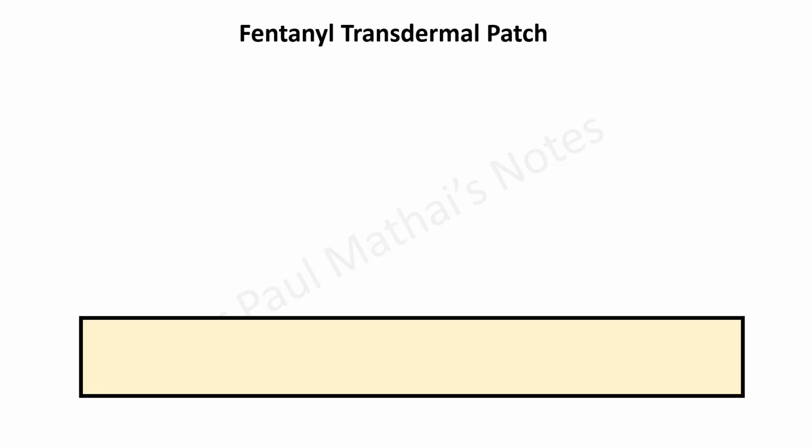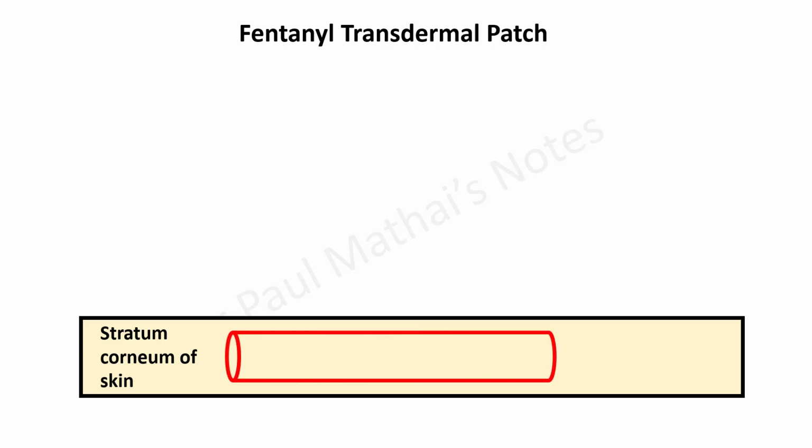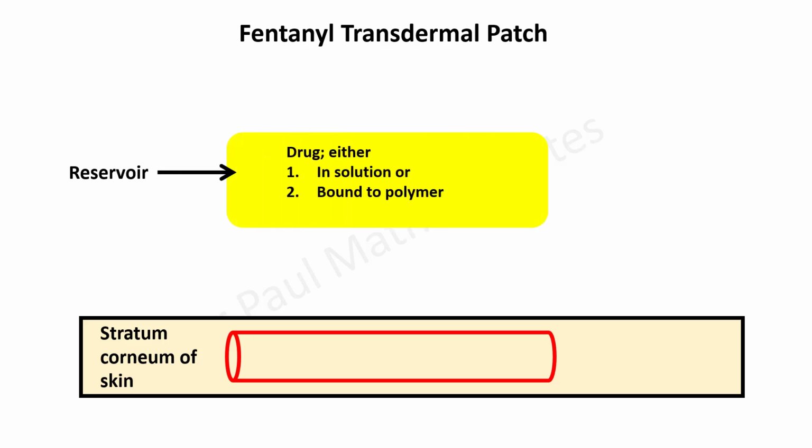Now, let us assume that this is the stratum corneum of the skin of a patient, and it contains blood vessels. The fentanyl transdermal patch contains a reservoir, and the reservoir contains the drug either in solution or bound to polymer.